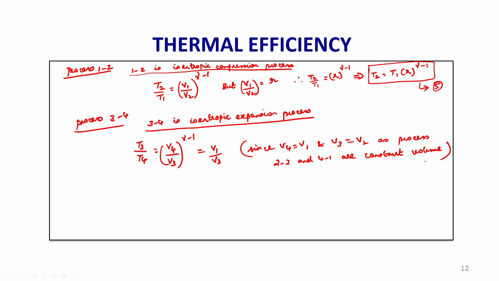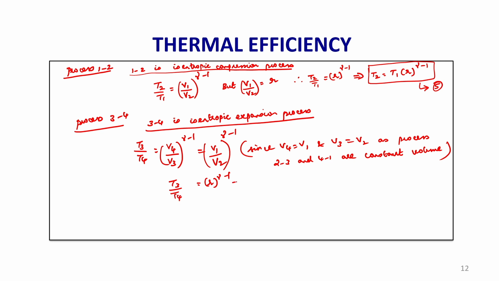So, replace V4 by V1 and V3 by V2, whole power gamma minus 1. Now, V1 by V2, that ratio is the compression ratio. So, this is equal to R power gamma minus 1. The left hand side we have T3 by T4.